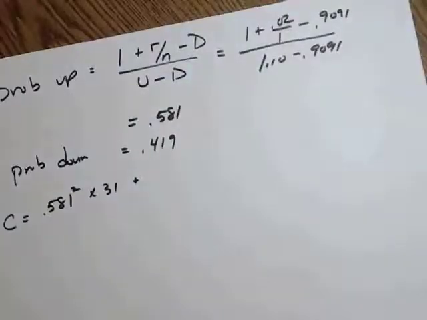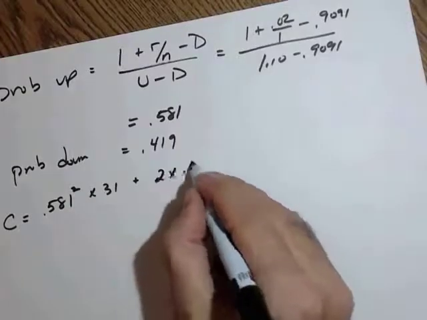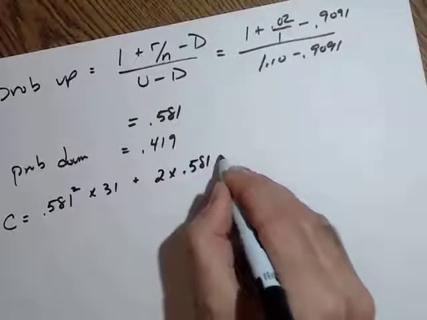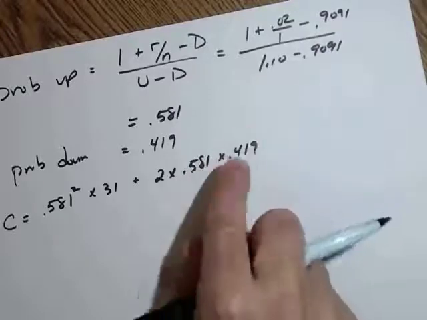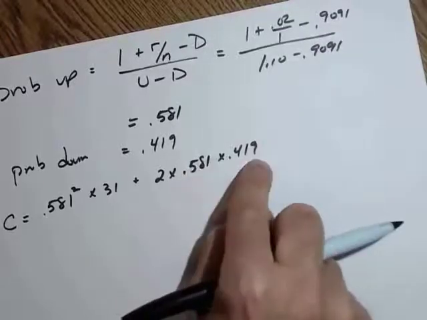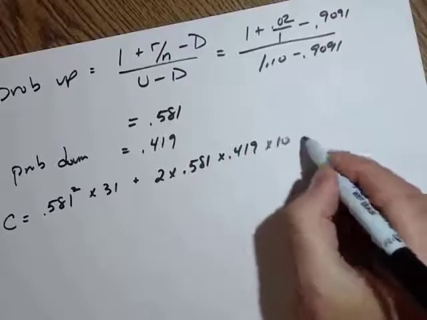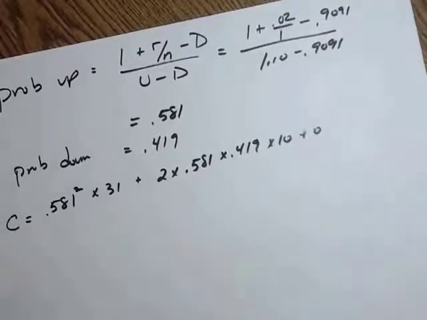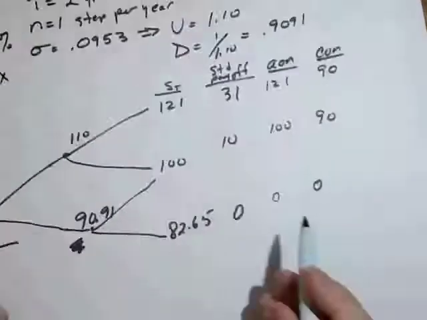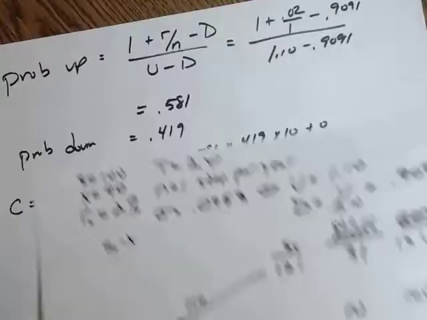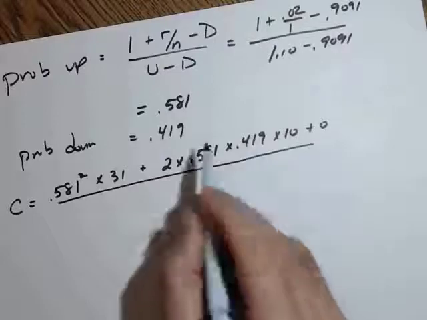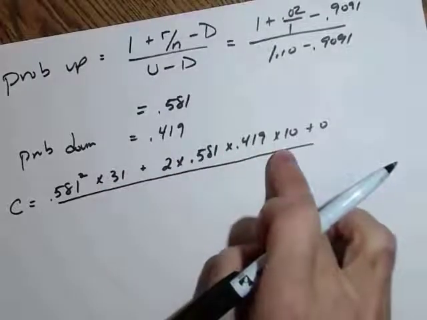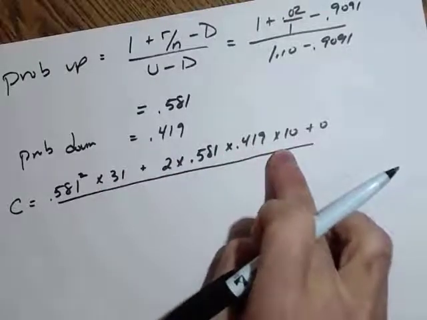So it's 2 times 0.581 going up, then down, which is the same as going down then up, times the $10, plus the 0 payoff, which I don't really have to worry about. Okay, so this is the expected value at expiration.